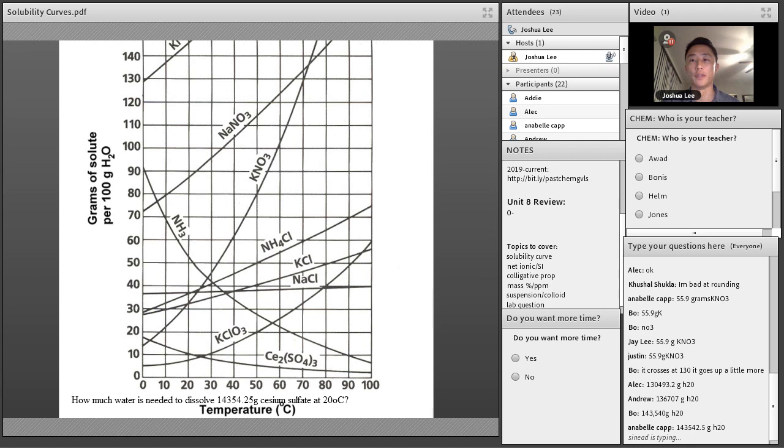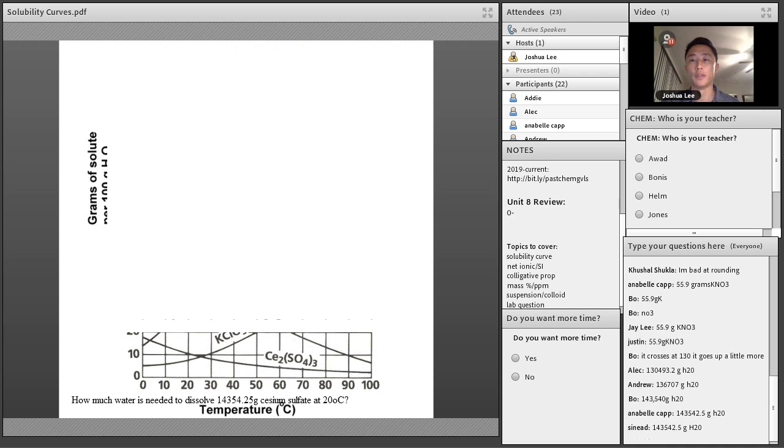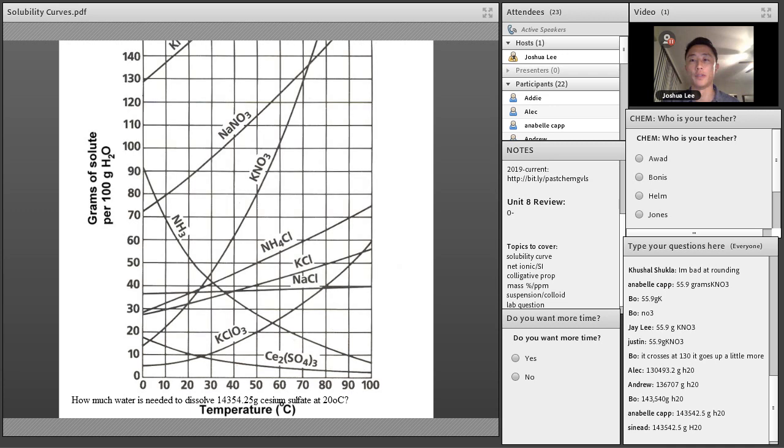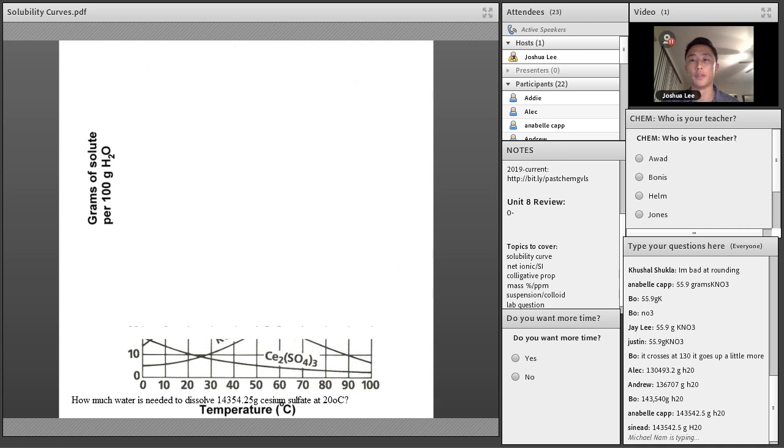All right, let's go over this. We don't need that top half of this graph at all because I chose this. Some people are starting to agree. So how much water is needed to dissolve that much?